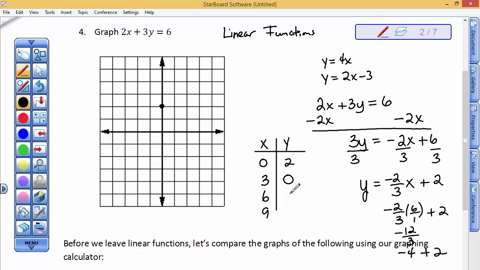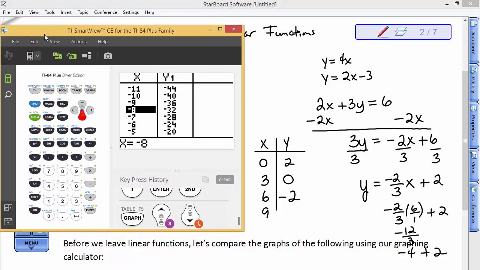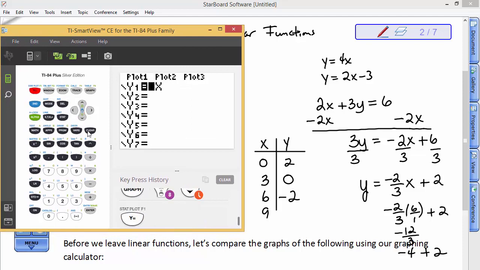Of course, don't forget that you've got this tool. Let's see if I can put it right here. And so you can go right here and put in a negative 2/3, and you can just put the x in now, plus 2. And you can ask it to set up a table that starts at 0.